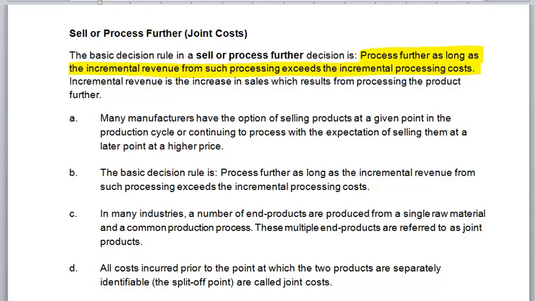And then D says all costs incurred prior to the point at which two products are separately identifiable, the split-off point, are called joint cost.